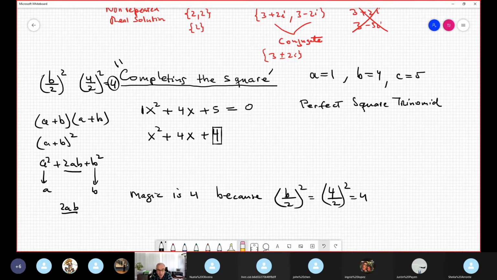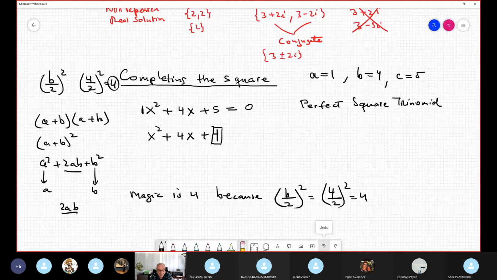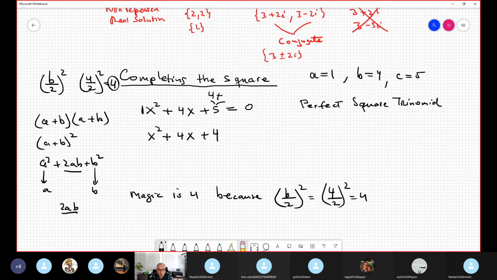However, what happened with the 5? Well, you break it down mentally, like 4 and 1.